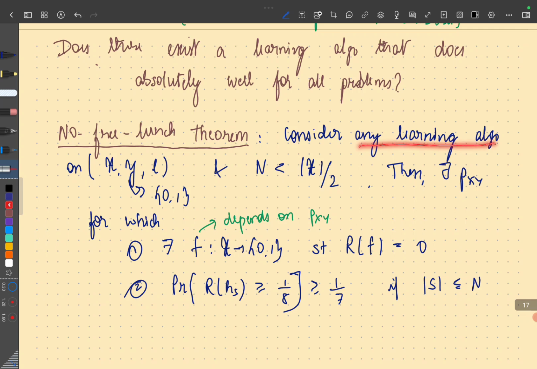But no matter which learning algorithm you choose, if the number of samples is less than the size of the domain divided by 2 for a binary classification problem, then there will always be a joint distribution Pxy for which there is actually a function that achieves 0 risk, but your algorithm will not be able to find it. In fact, it will do very badly compared to this optimal predictor.